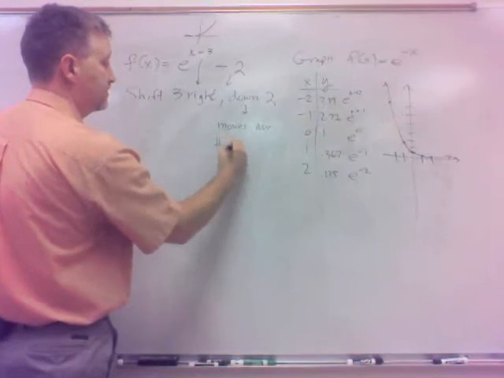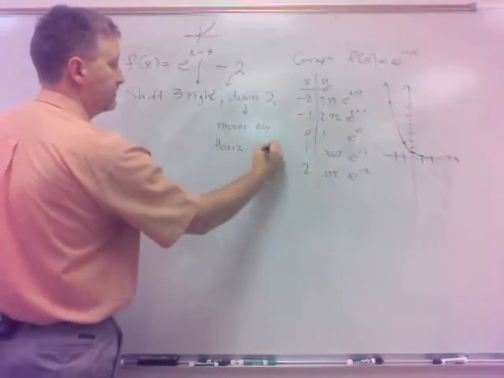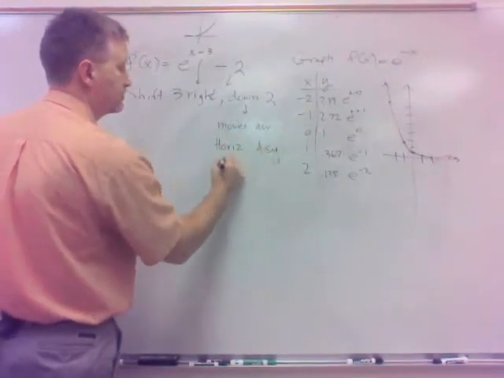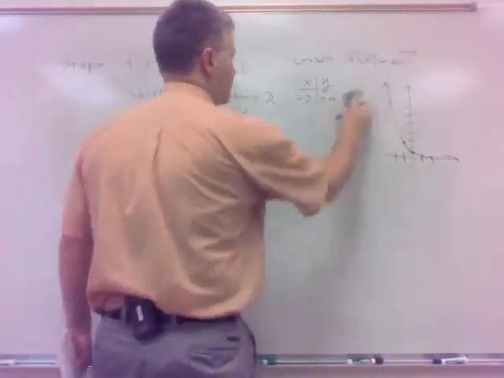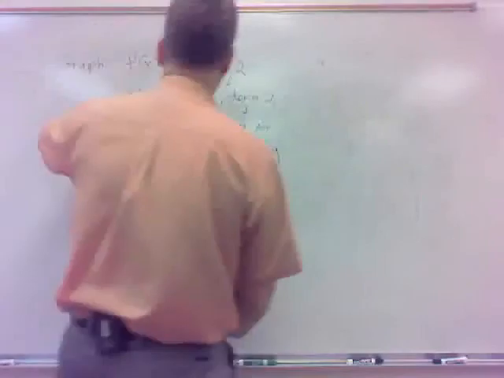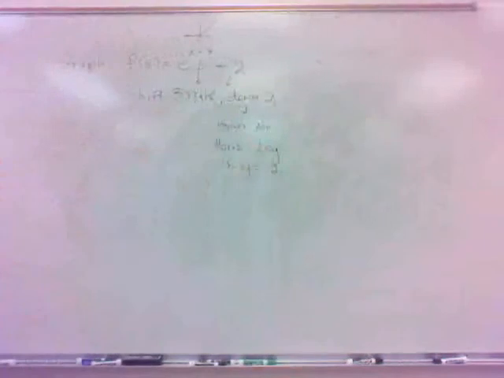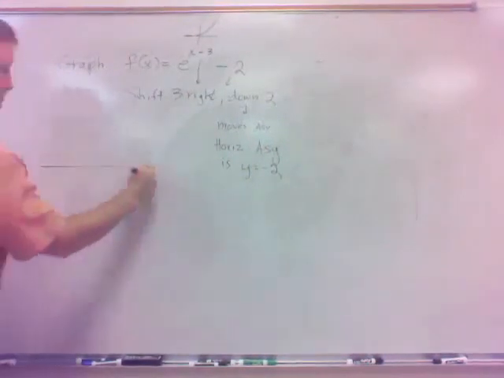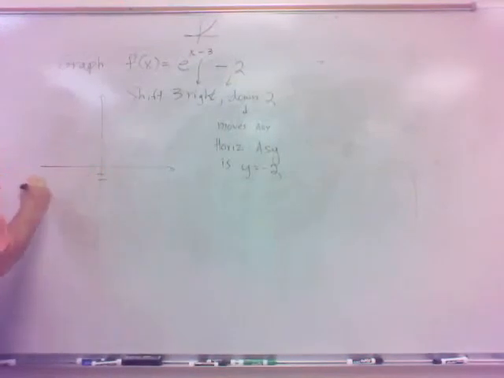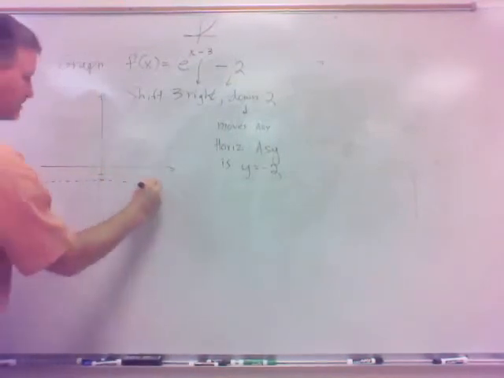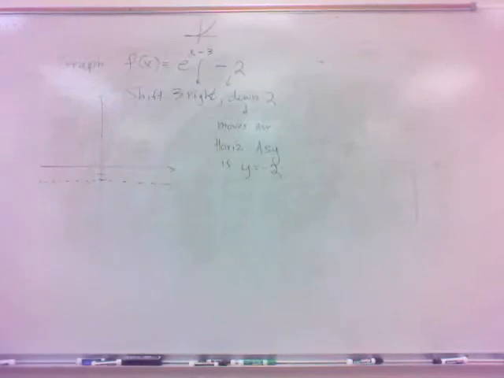So the horizontal asymptote would be negative 2. Instead of 0, it's now at negative 2, isn't it? Remember, the right or left shift doesn't change that horizontal asymptote, but moving down 2 moves that. Okay, so we should see that.